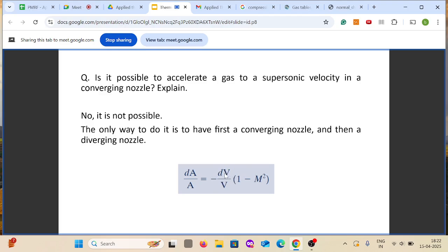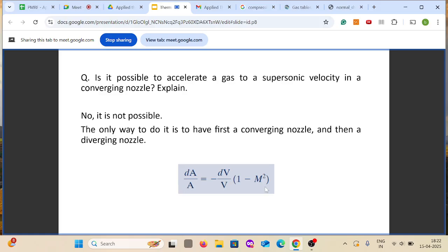So dV will be positive only when dA is positive. So the area should increase, then only your velocity will increase. Having a converging nozzle will not give you a supersonic velocity, but if your dA is reduced, V will reduce and it will decelerate and go to subsonic.